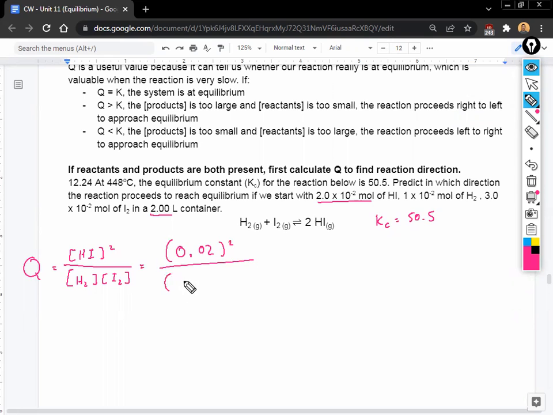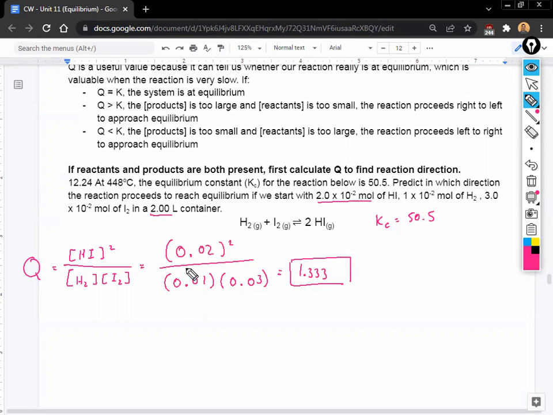On the bottom, the moles of H2 is going to be 0.01, and then I2 is going to be 0.03. And so if we simplify that, we should get 1.333. Everyone got that? Okay, so regardless of whether you divided by 2 liters or not, you should have still got 1.333.